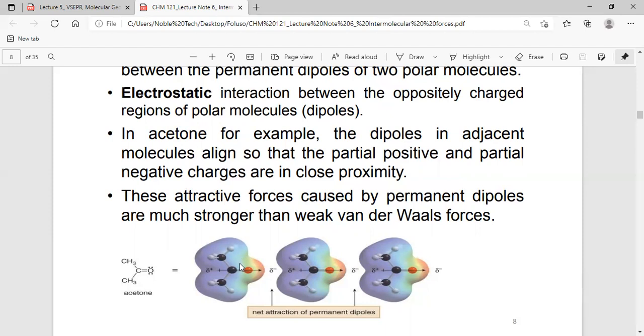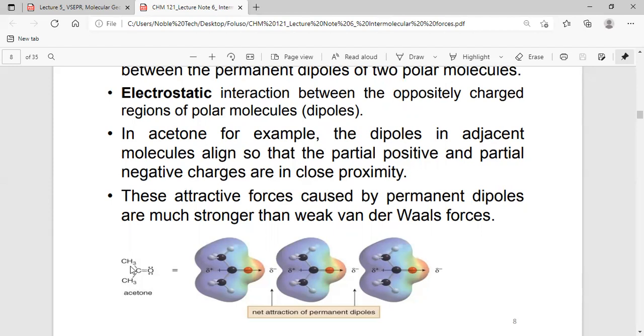And because it is stronger than the interaction in van der Waals force, it increases the melting point, it increases the boiling point, because you have strong interaction between the two of them. And it also makes this type of molecule that has dipole-dipole moment, that has polarization of the bond, to be called polar compounds, and it affects their solubility.